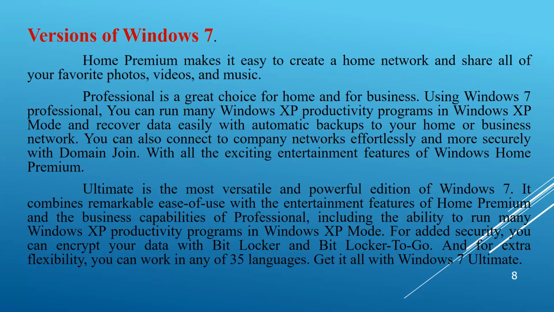Using Windows 7 Professional, you can run many Windows XP productivity programs in Windows XP mode and recover data easily with automatic backups to your home or business network. You can also connect to company networks effortlessly and more securely, with all the existing entertainment features of Windows Home Premium.